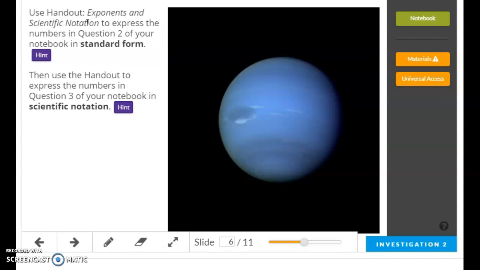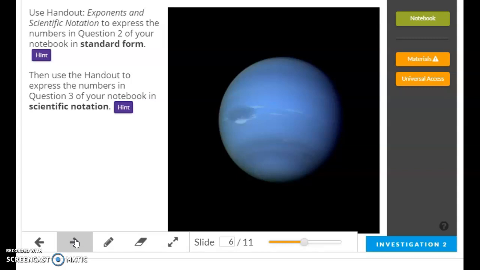And you're going to be using that to help you answer number 2 and number 3 in your notebook on page 11. When I look at number 2, I see scientific notation is given to me. So that first number, 2.23 times 10 to the 22nd atoms.